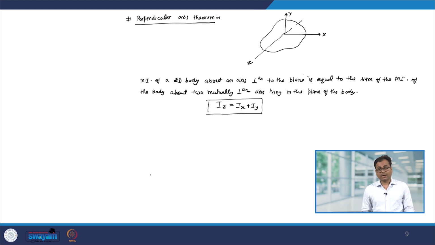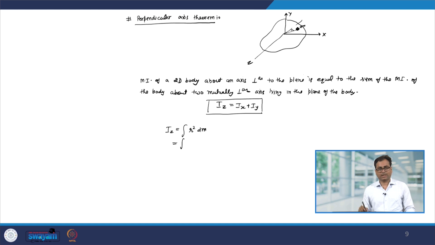Okay. So, again it can be proved very easily, because the moment of inertia about the z axis will be, let us take a small mass dm, and let us say it is at a distance r. So, Iz will be integral r square dm, and this r can be written in terms of x and y.